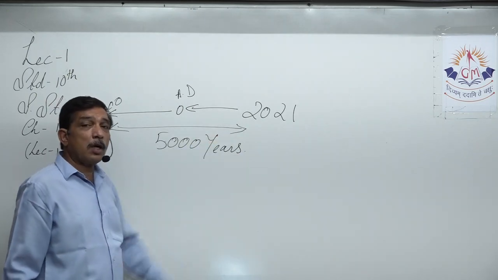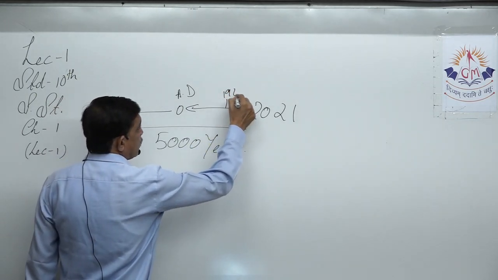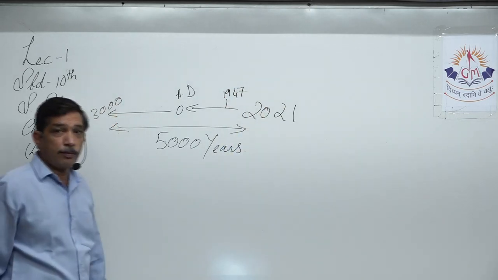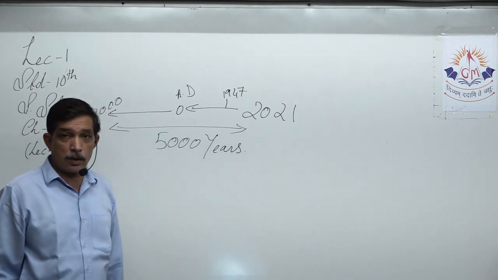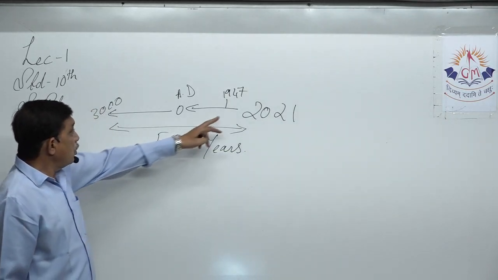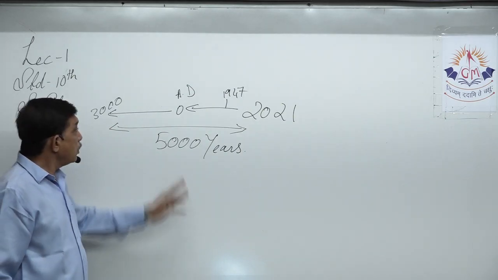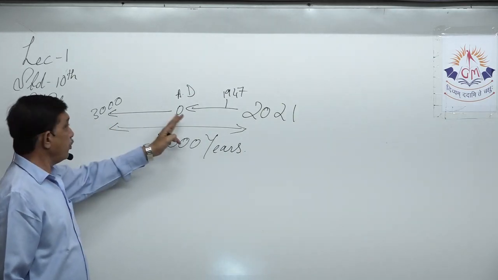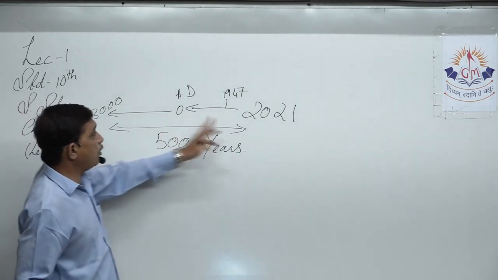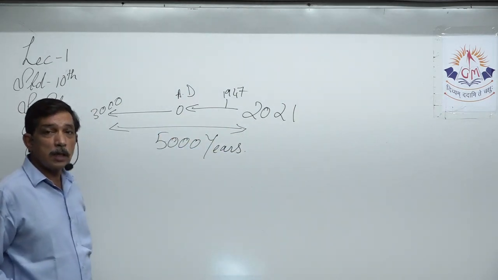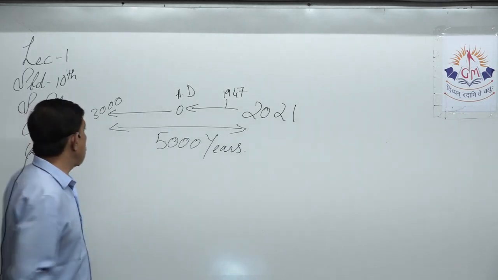The year when we got independence, 1947, becomes a milestone. Yes, because it is from here that we count India as a free country. So, we go back in the timeline 3000 years before 0 AD, the year Christ was born, and from there 2000 years later, right? A total of 5000 years.